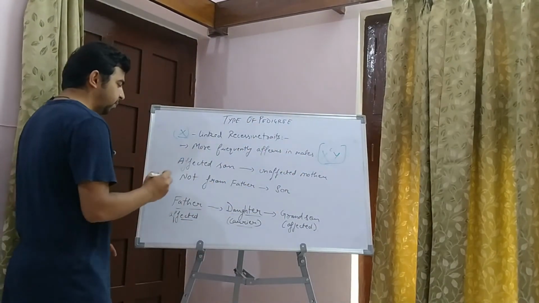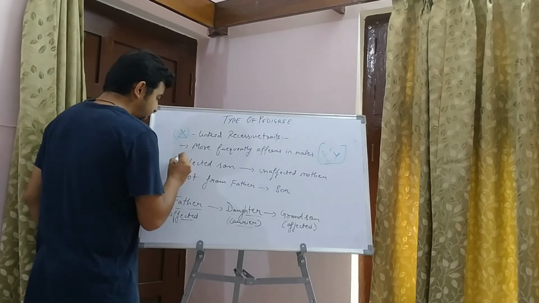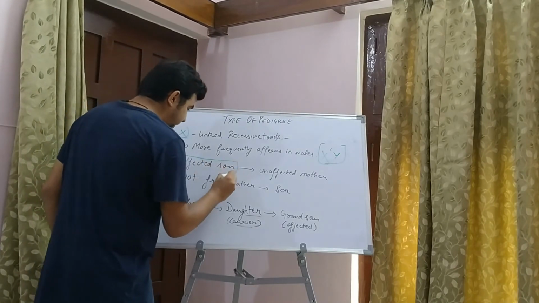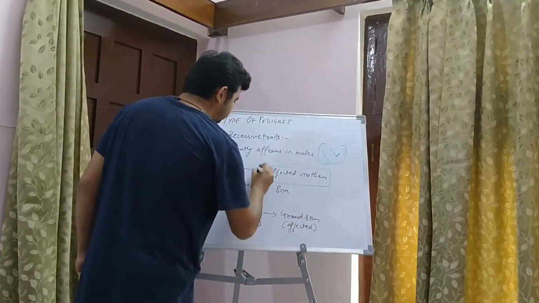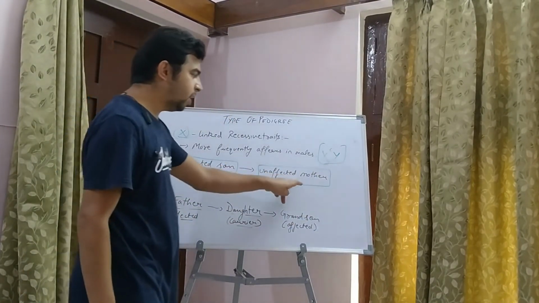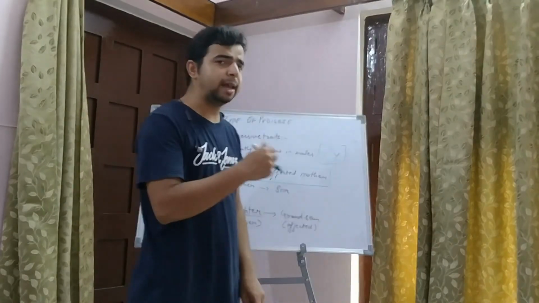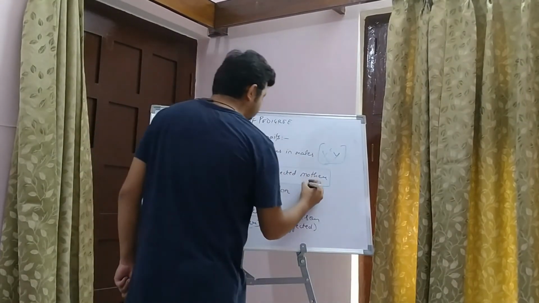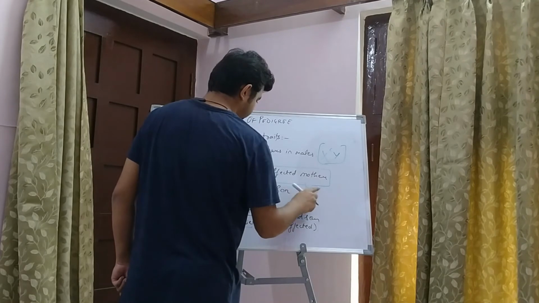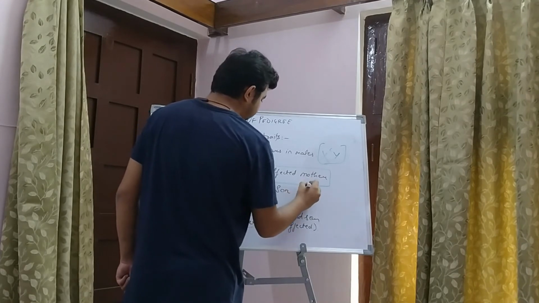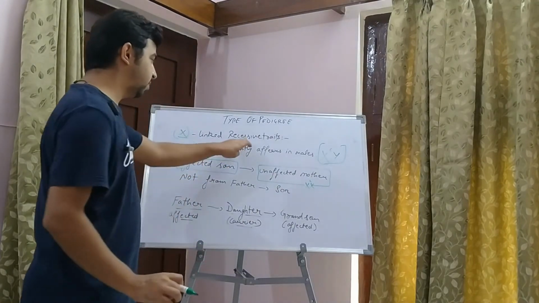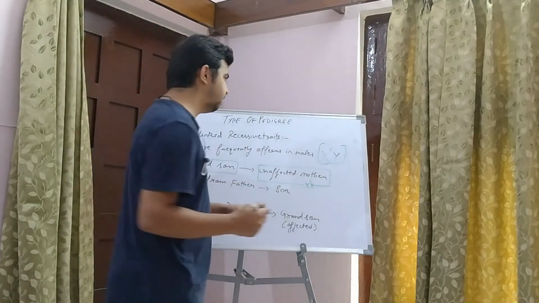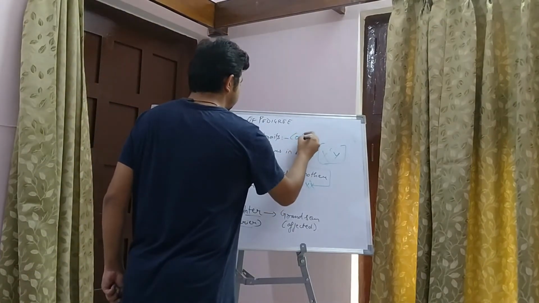Second point, you can see here that an affected son has an unaffected mother. Unaffected mother means that the mother is the carrier of this trait, which is recessive. For example, I may write color blindness.